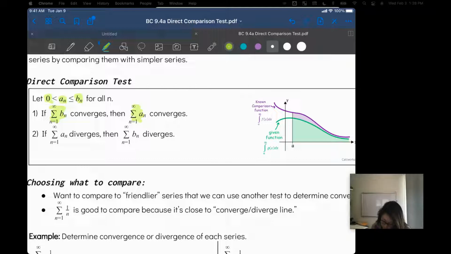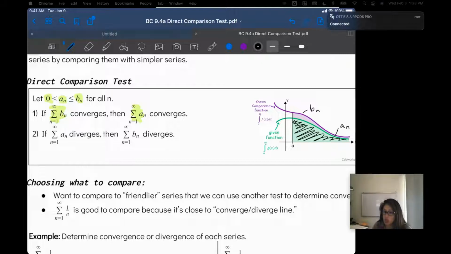If I look at my picture over here, the larger is b sub n. The smaller is a sub n. So I know that if the area under b sub n, the larger series, converges, then the smaller series will also converge.